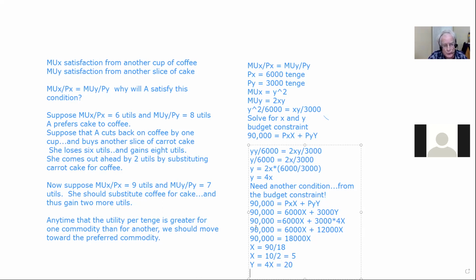Now, how can we check that solution? How do we know that I've not made a mistake as I do all the time? So to see, let's check it against the budget constraint.